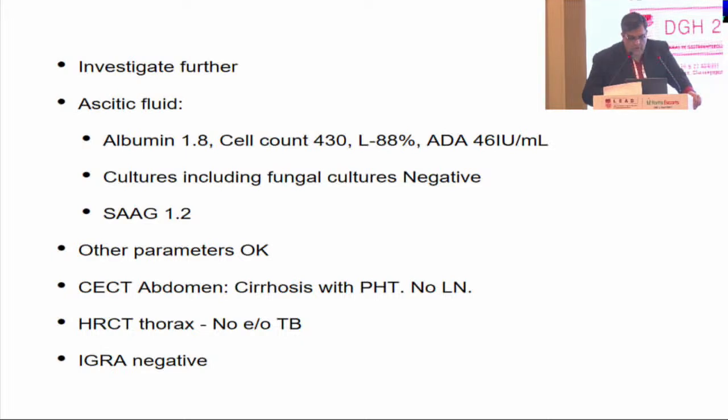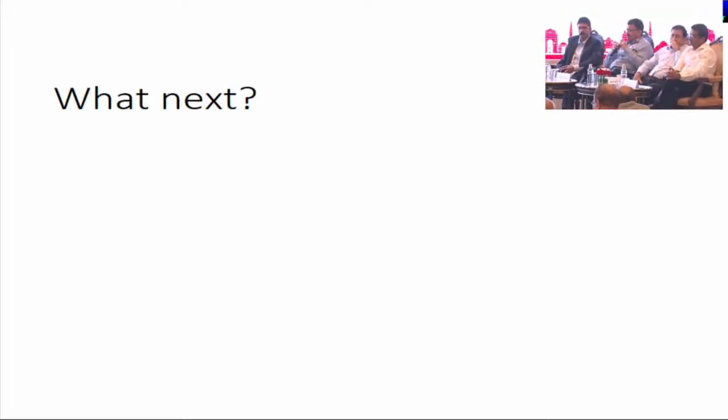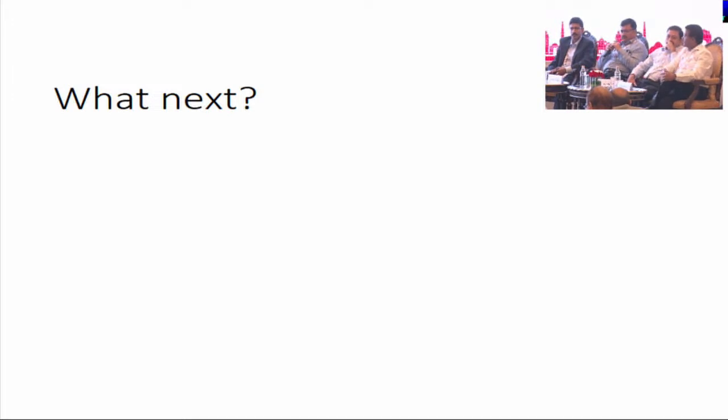So 430 cells, 88% lymphocytes, ADA of 46 in a patient who is Child B9. What would you do? Would you do a diagnostic laparoscopy? Would you start empirical ATT? Or would you do some other test?